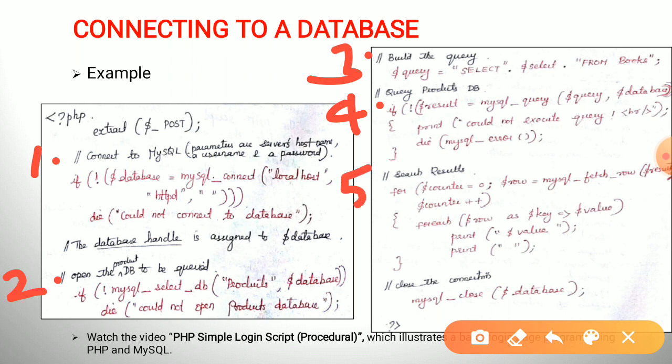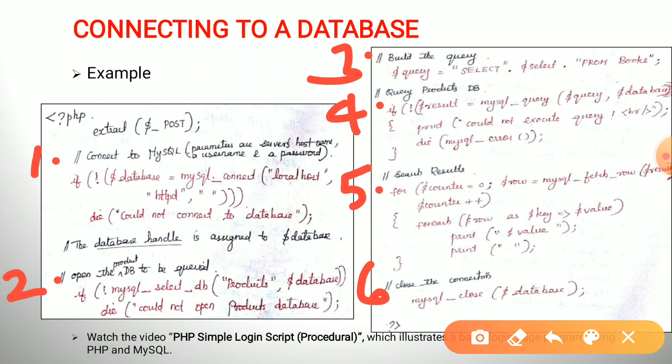After that we get the result, display those results, and the final step is close the connection. So there are 6 steps in connecting to a database in PHP: connect to MySQL, open the database to be queried, build the query based on our requirement, query the database, manipulate the result, and close the connection.